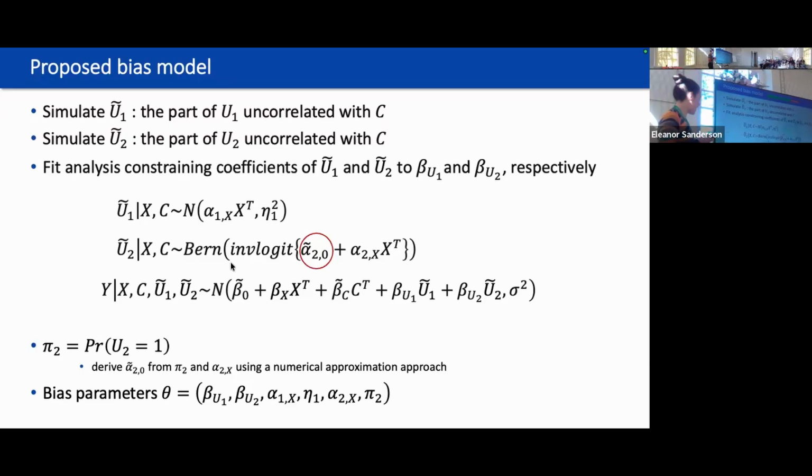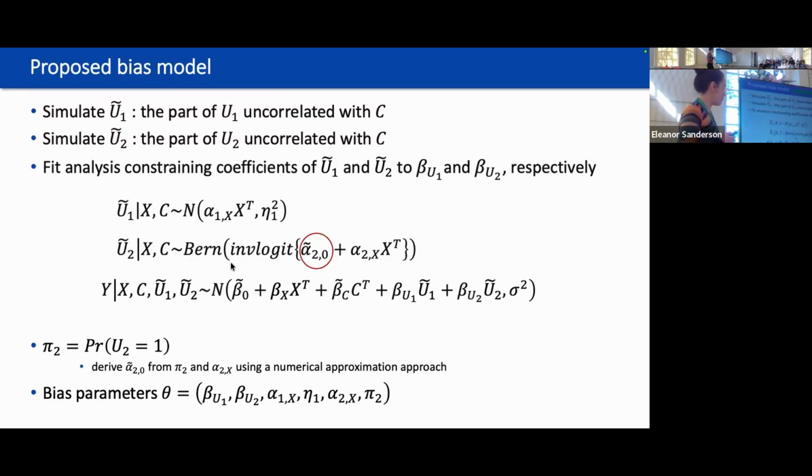So what we ask instead is for the analyst to give us the marginal prevalence of the unmeasured confounder U2, and then using that marginal prevalence value and the relationship between the exposure and U2, we can derive this intercept term using a numerical approximation method.